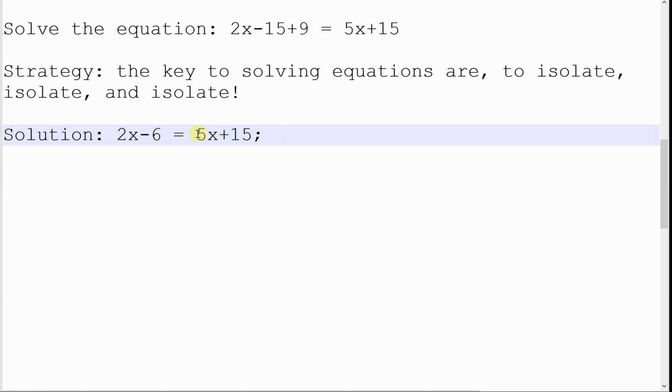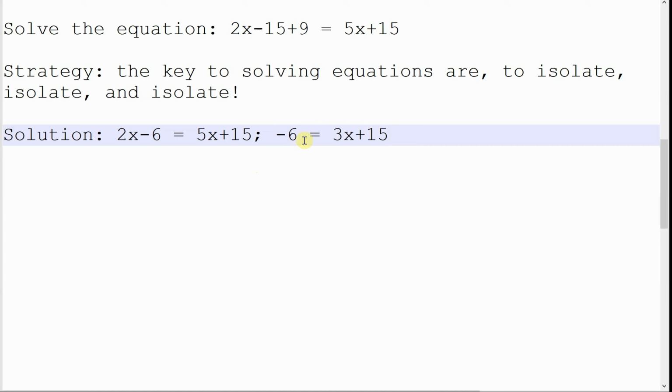If we add negative 5x on both sides, that gives us negative 3x, which is not positive. We want it to be positive so it's much easier to interpret our answer. If we do it the other way around, it'll surely be positive. So if you take away 2x on both sides, that gives you 3x. So negative 6 is equal to 3x plus 15.